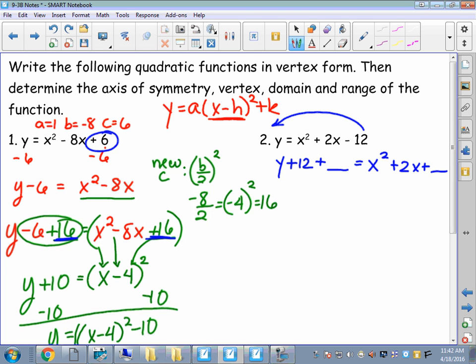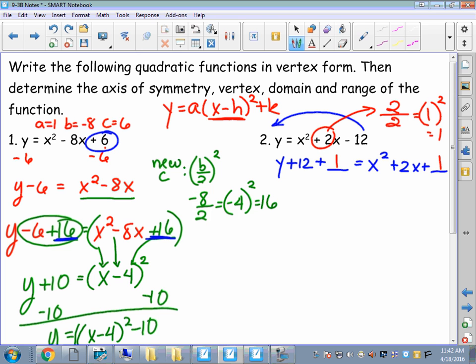Before I can add anything to it, I need to use this value right here, go off to the side, take half of my b value, which is 1, and square it. And that's equal to 1. So to make this a perfect square trinomial, I need to add 1 to it. If I add 1 to one side, I have to add 1 to the other side to keep it balanced.